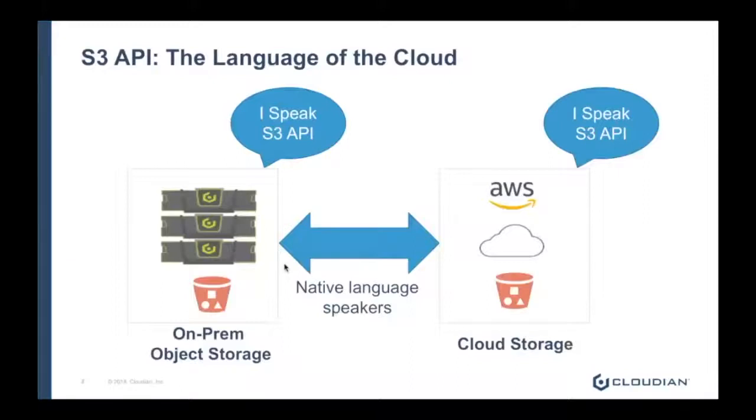That's somewhat inconvenient because the two get often confused. But the S3 language has become a de facto standard of cloud connectivity and is a different thing than the storage service itself. So the Cloudian product speaks the S3 API, as do other object storage products as well, but it's not the same thing as the S3 storage service.